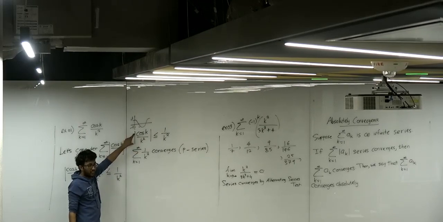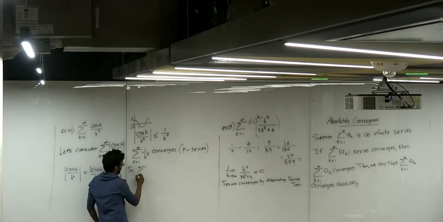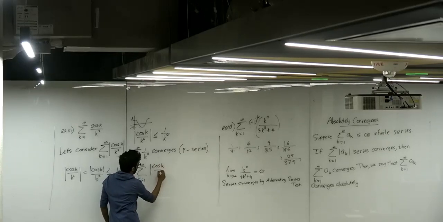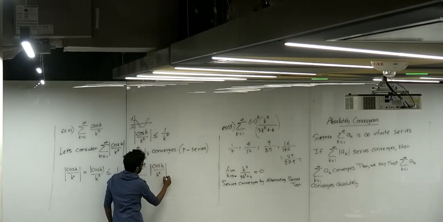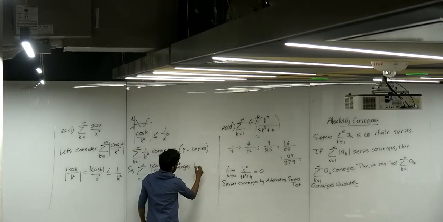It should converge. So the summation k goes from 1 to infinity of the absolute value of cosine k divided by k to the power 2 converges by the direct comparison test.